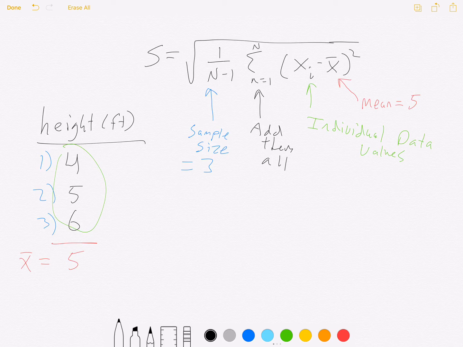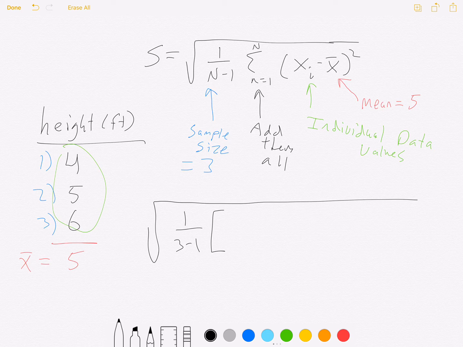Okay, so let's plug this into the equation. We have the square root of 1 over 3 minus 1, because our sample size is 3, times the sum of individual values minus the mean, right?